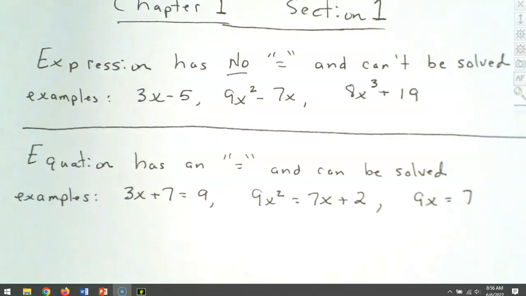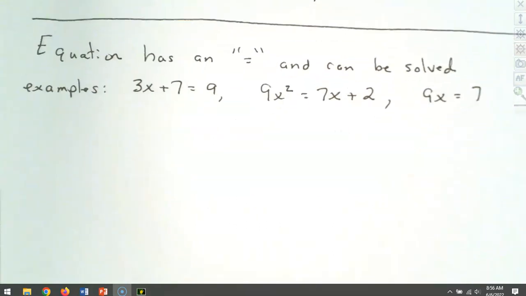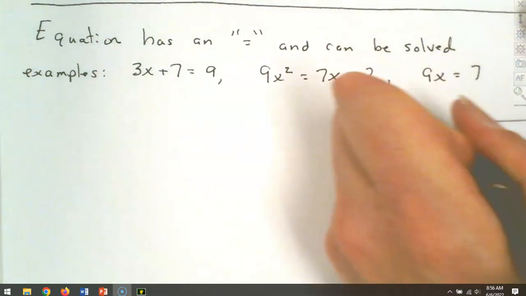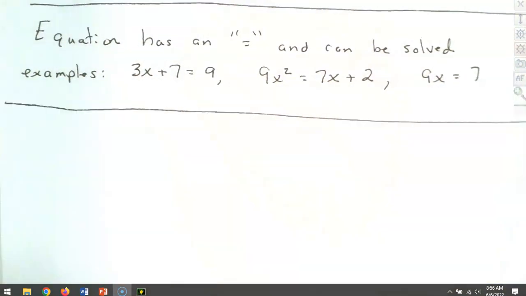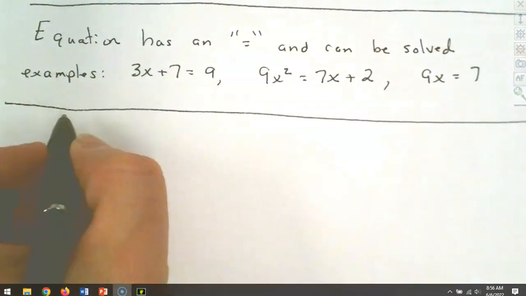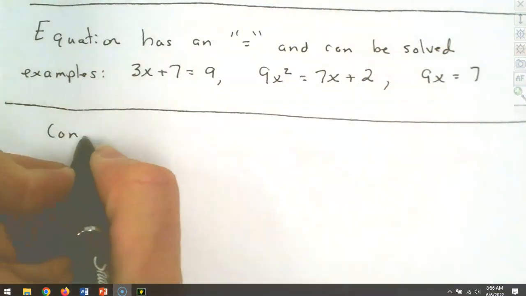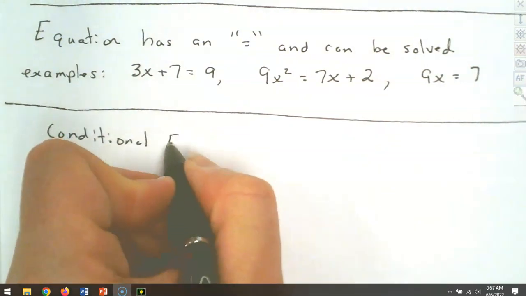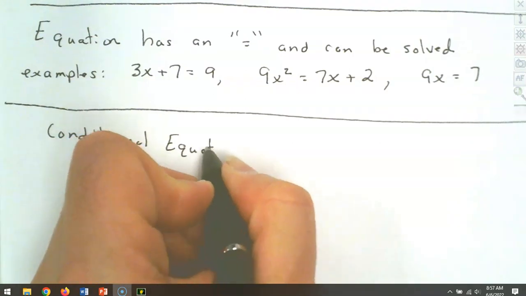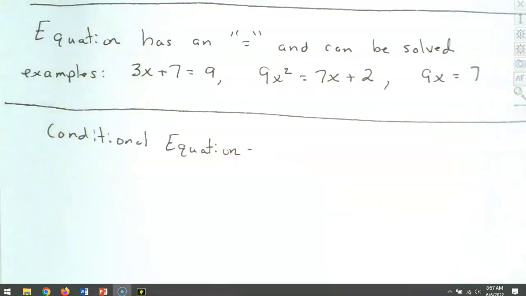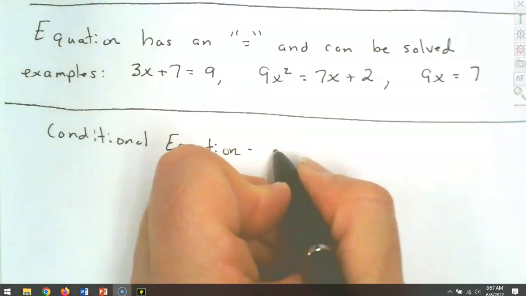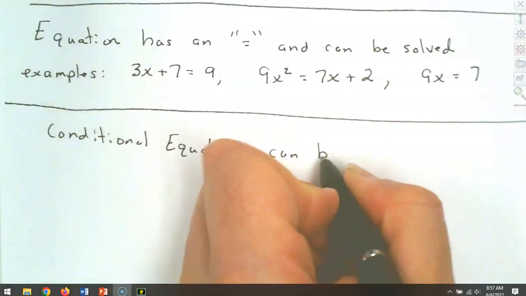So now that we've looked at the difference between the equations and the expressions, we're going to move on, and we're going to talk now about the 3 types of equations. And the first one is conditional. And for a conditional equation, it can be solved for one answer, or a specific answer.